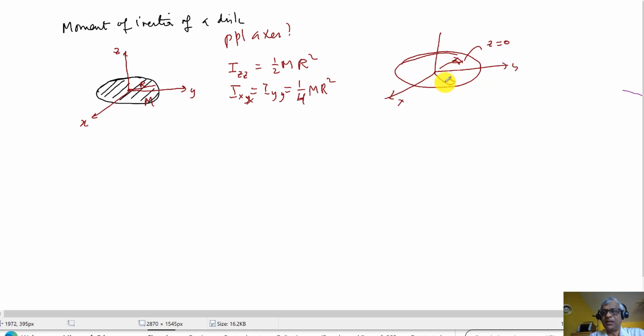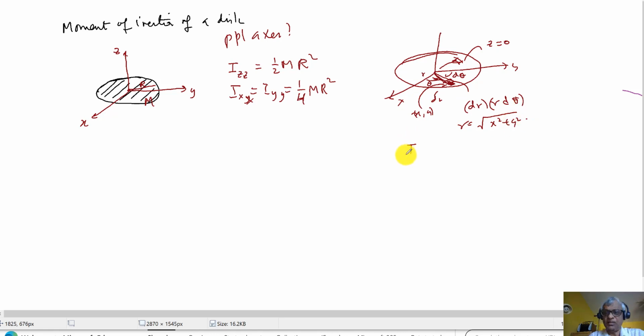This is a little area element, between theta and theta plus d theta, at distance r, and this size is dr. So the area is dr times r d theta, and r is the square root of x squared plus y squared if the coordinates are xy.